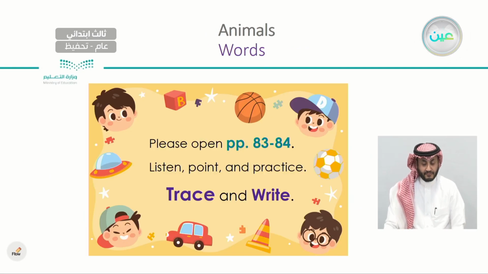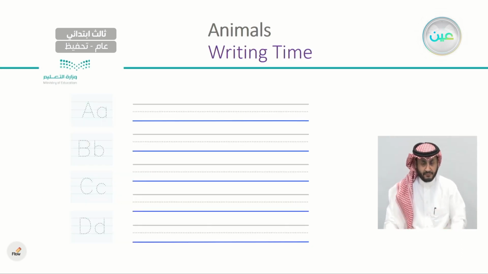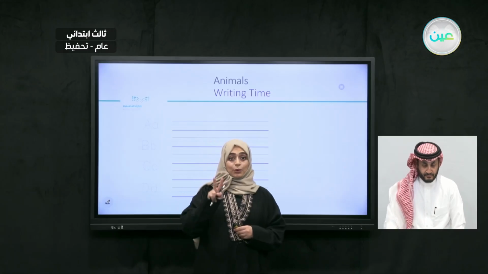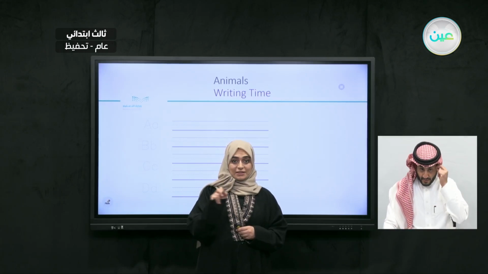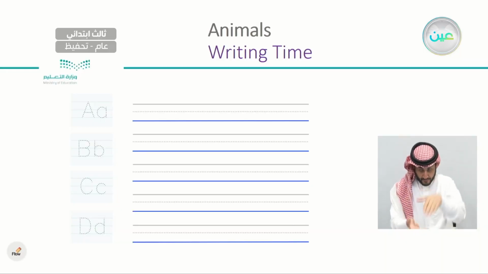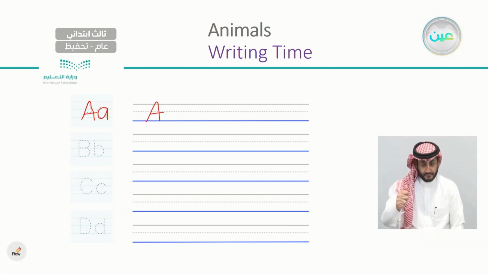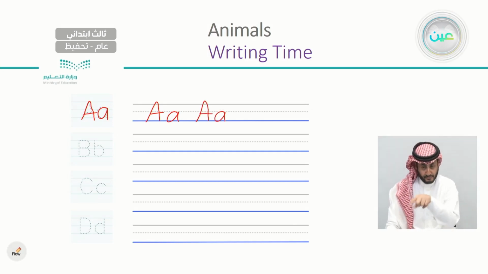Now let's continue. On pages 83 and 84, we are going to write uppercase and lowercase letters. So this time we're writing both uppercase and lowercase. Notice the difference between uppercase and lowercase. Trace and write with me. Trace A. Uppercase, lowercase.